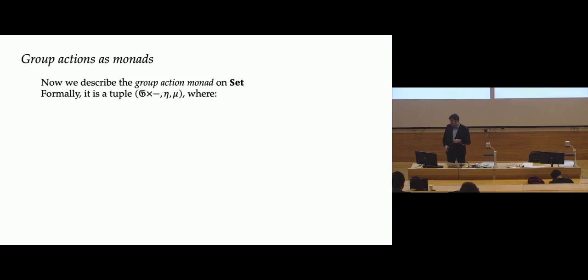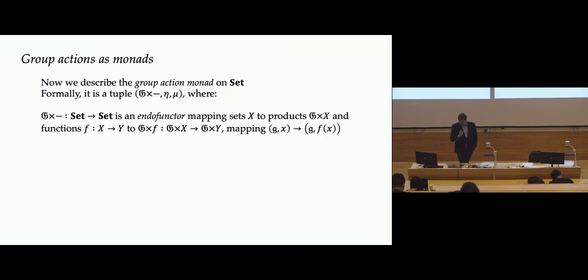Now, once we have this idea of a monad, we can finally talk about what group actions are as monads. And once again, we will be doing this on the Set category. Formally, the group action monad is this particular endofunctor, G times blank. And we'll talk about what that is in a second.